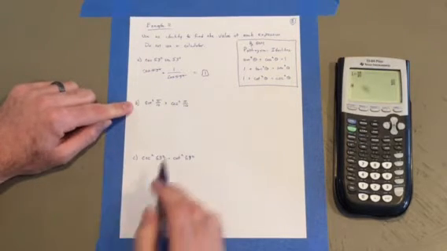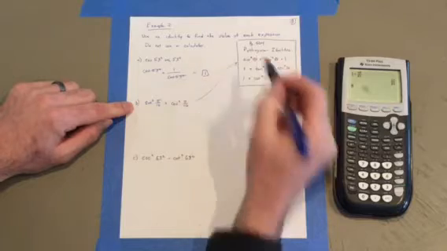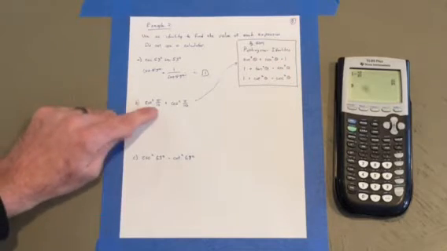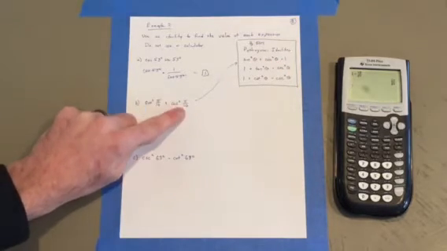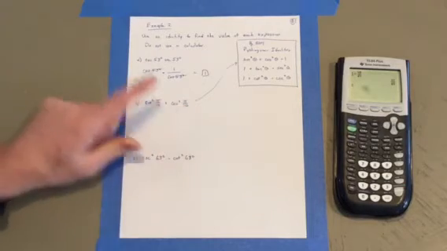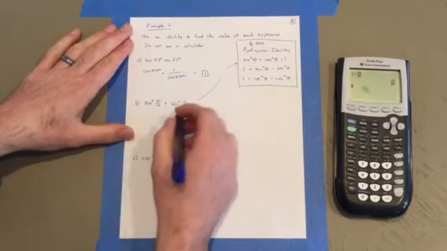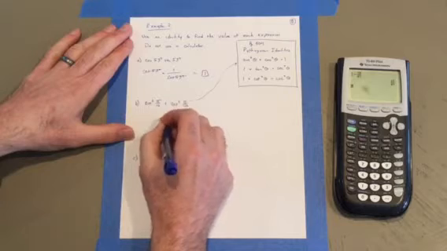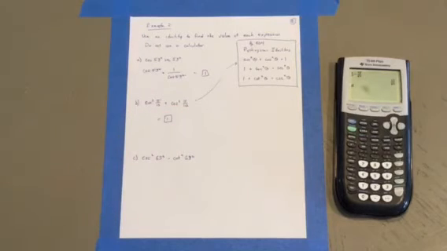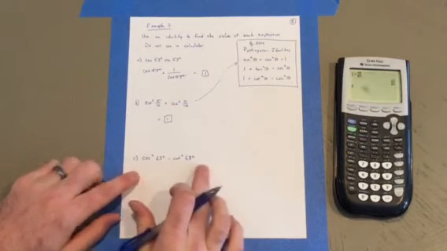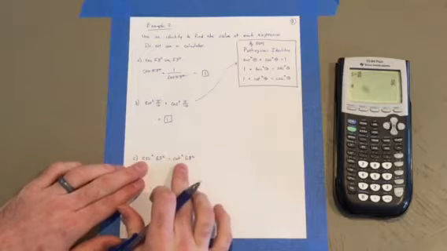Here, you start to recognize that that is sine squared of an angle plus cosine squared of an angle. The angles are in radians, and when they're both squared, with the same angle, it equals 1. Down here is a little bit different. We have a cosecant squared and a cotangent squared.